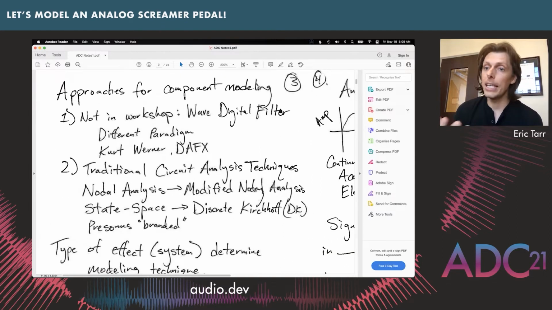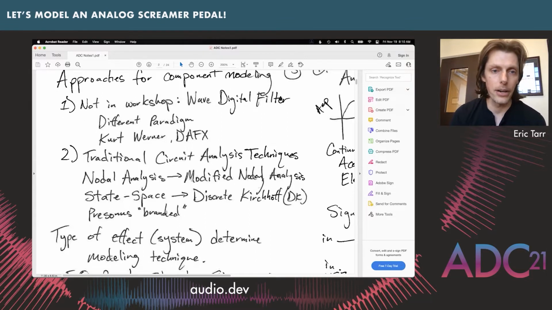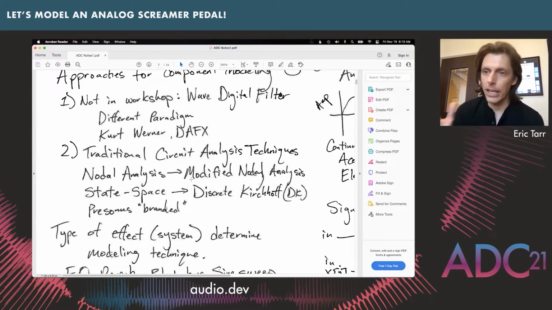There are even many different ways that component type modeling can be done, and we're going to be focusing on one specific way called nodal analysis, but there are other ones worth exploring if you're interested in analog modeling. One is wave digital filters, and we're not going to be covering that here. That's a very different paradigm for doing circuit analysis, but if you're interested in it, check out Kurt Werner's PhD thesis and a lot of his stuff in DAFx, that conference.